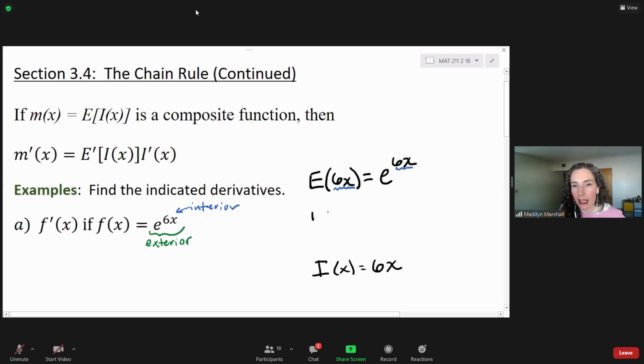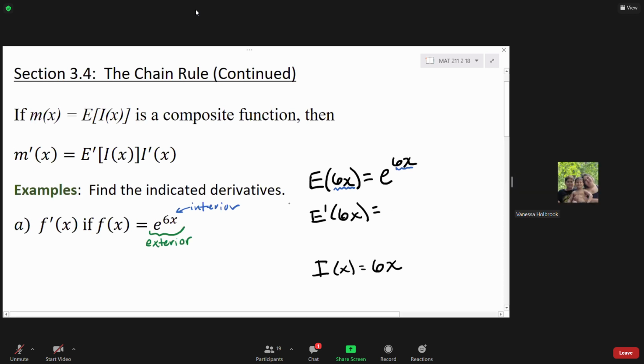Maybe it'll be helpful to write it just this way. If we want to take the derivative of the exterior function, that'll be the derivative of e to the 6x. What is the derivative of e to any power? The same thing.